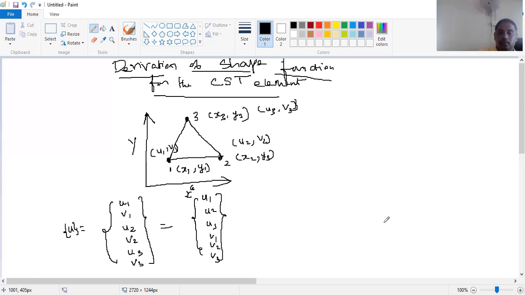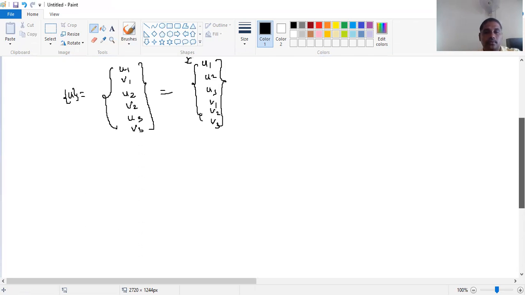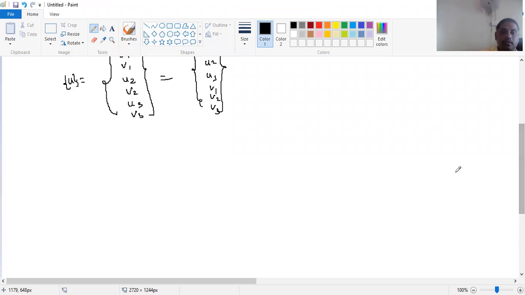And in step 1, in deriving the shape function, we have to consider the generic form of the deflection function. We have to consider the trial function, step 1: assumption of trial function.